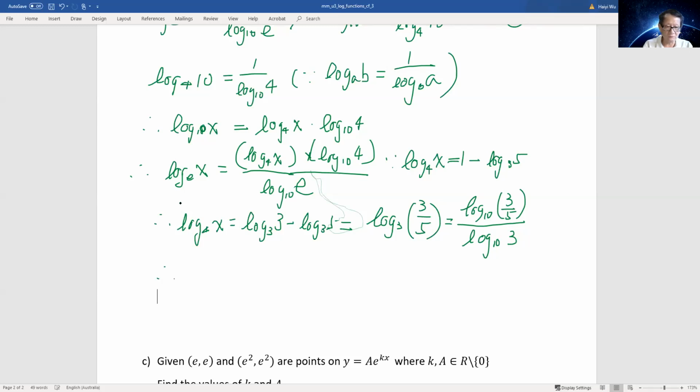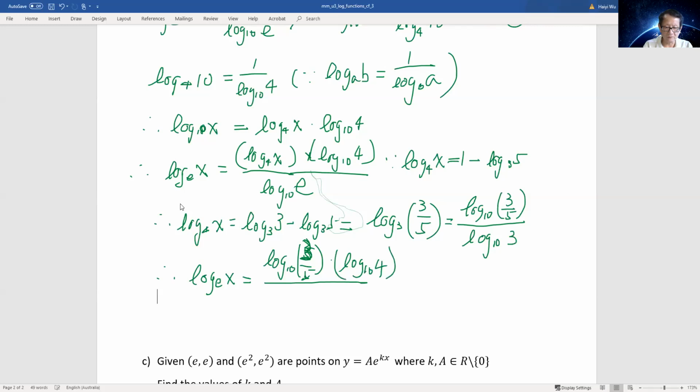So therefore we substitute into our log e base again, so we will achieve our goal. So this one equals log base 10 of bracket 3 over 5, sorry, 3 over 5 times log base 10 of 4.